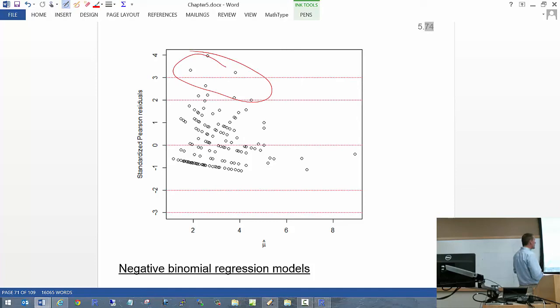I am not worried. You mean you kind of see a slope down here? To some respect, that is due to the discreteness of the data, especially for the lower values of mu hat, because we're dealing with count data here. You have zeros, you have ones, you have twos. That's why you're seeing some of that.